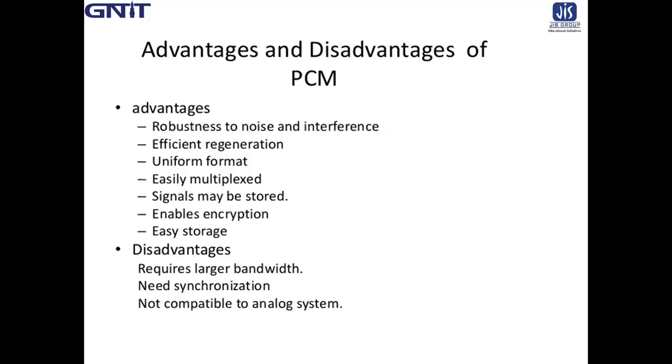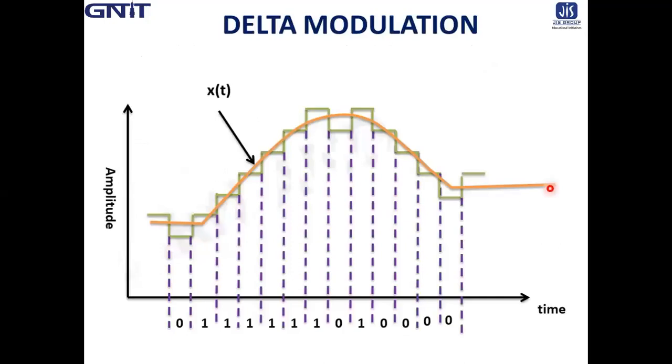So what is the solution? How is this problem solved? This problem is solved by a process called delta modulation. Delta modulation transmits 1 bit per sample.